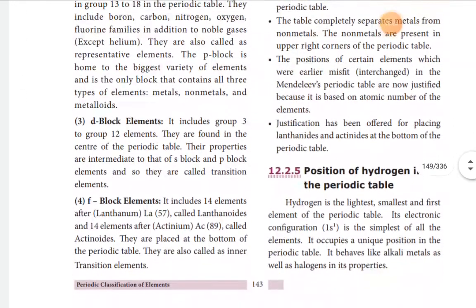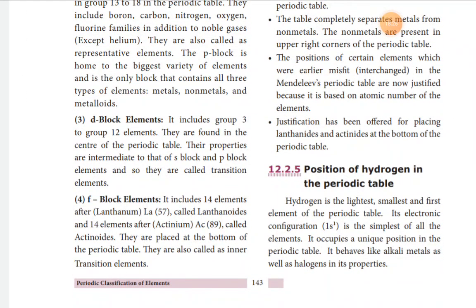D block elements are intermediate between the S block and P block, and F block elements are lanthanides and actinides. So you have to go through the different classification of elements based on subshell, and get clear knowledge about the different blocks: S block, P block, D block, and F block.